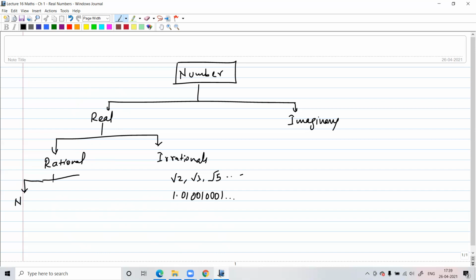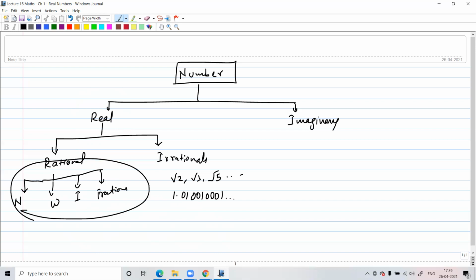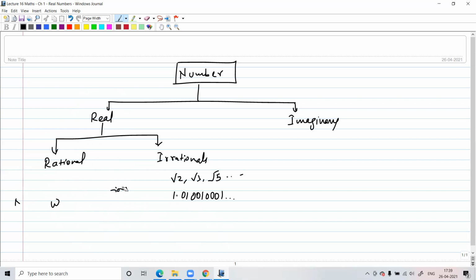So I'll just write it in short: natural numbers, whole numbers, all the positive, negative, zero, all the integers together, and fractions also. Everything together comes into a rational number. You can actually break it down like this.